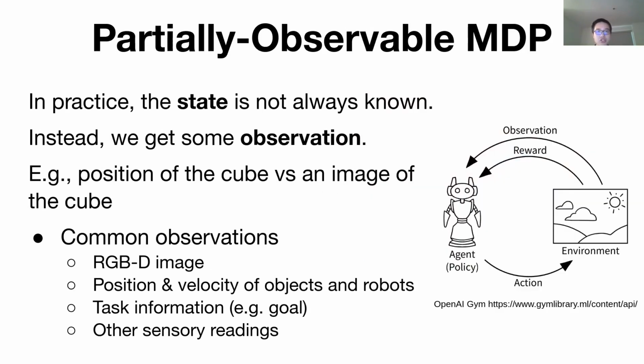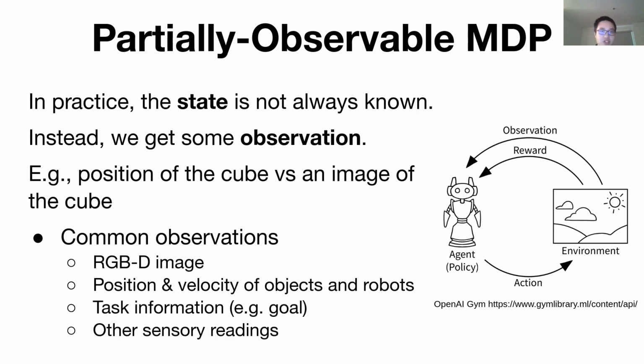Another important notion in practice is the partially observable MDP, or POMDP. In practice, the state is not always known. Instead, we get some observation. For example, the state may be the position of the cube, but we only get an image of the cube.